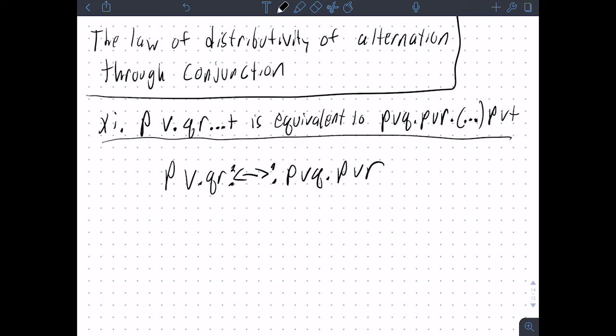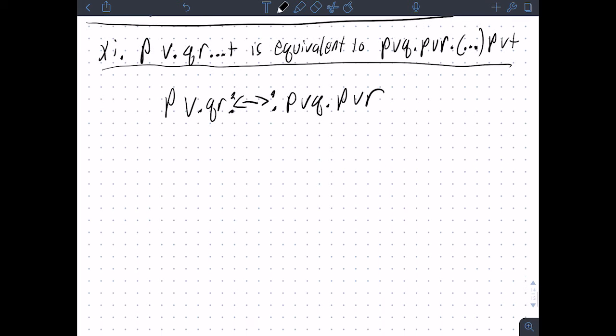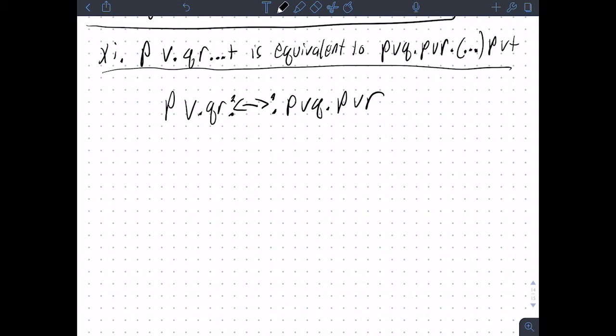Here's another, more complicated example. If we have the alternation PR or Q and S and T, we just pretend that the PR is like the P here. If you wanted to do this in an easier manner, you could replace this with some symbol, like a smiley face.